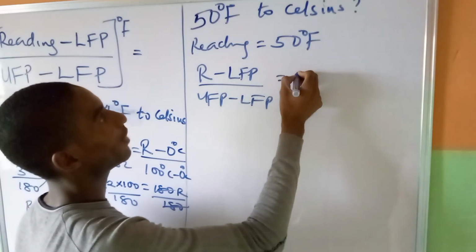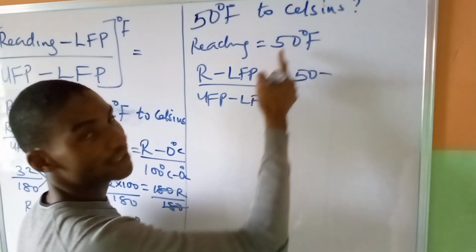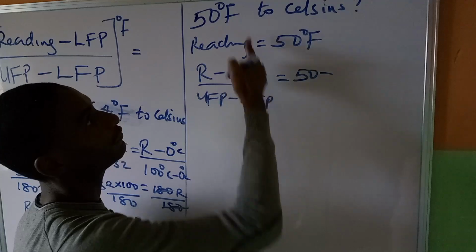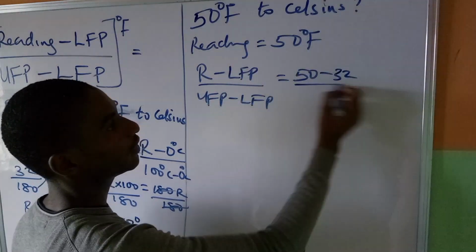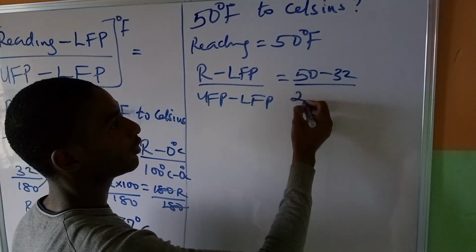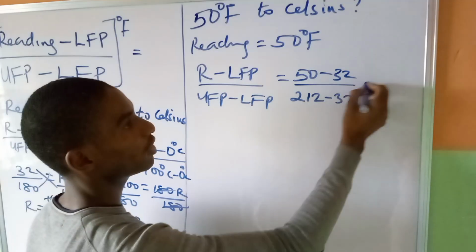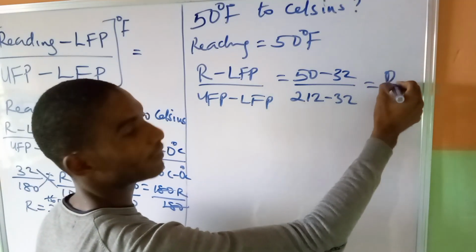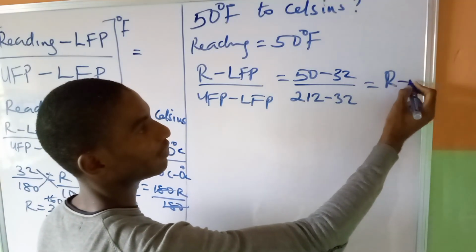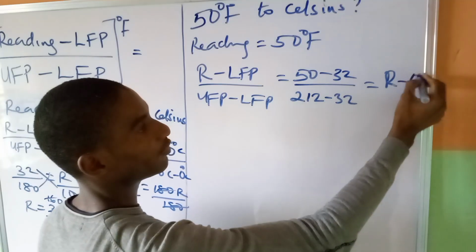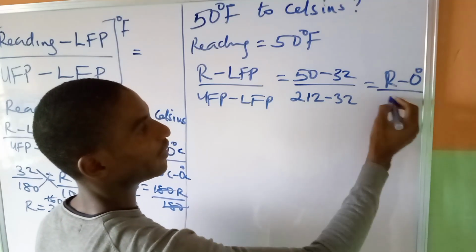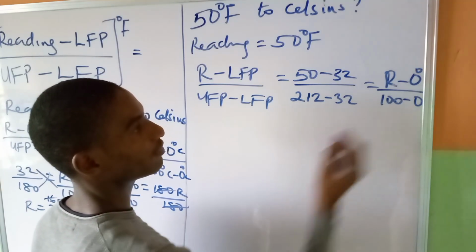And that's going to be: my reading is 50 minus the lower fixed point for Fahrenheit scale, 32, divided by the upper fixed point, 212 minus 32, equals the reading for my Celsius scale, which is unknown, R, minus the lower fixed point of 0 degrees, divided by 100 minus 0 degrees.